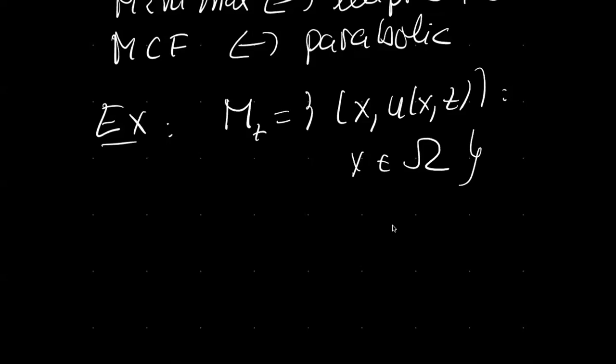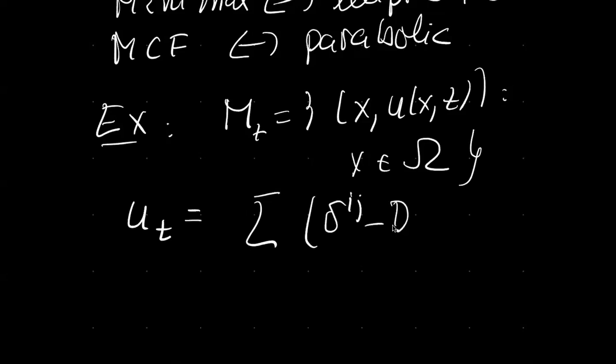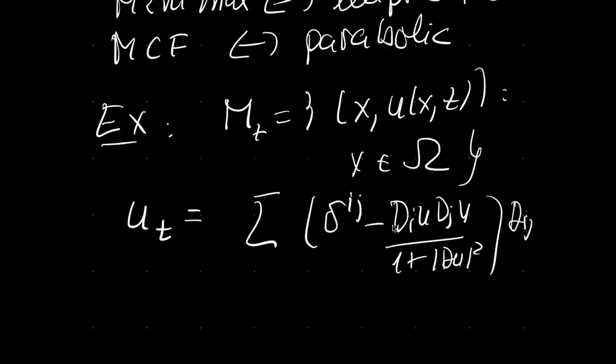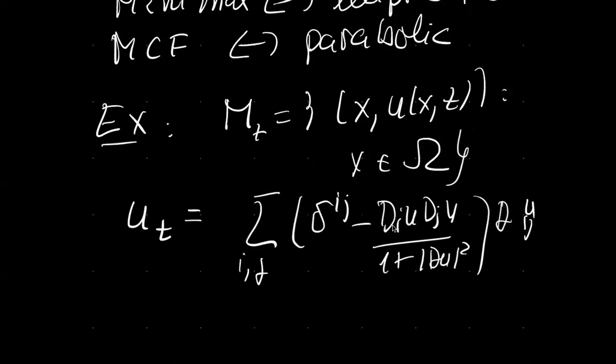Let's only worry about the mean curvature flow. And in that case, the equation that you get looks like this. Usually we never write the sums, so I'm going to forget them often. So this is a sum in i and j.